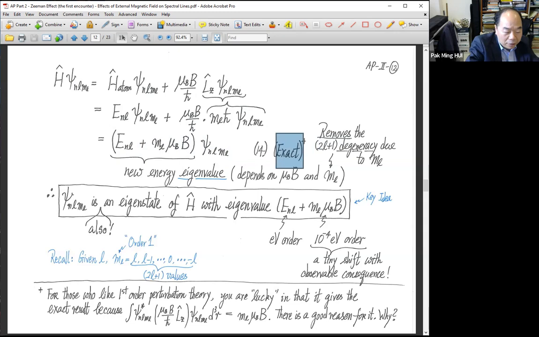Okay, I pause here. Do you understand? Because we are done. We are done with the treatment of the Zeeman effect due to orbital motion only. The rest is to explain the consequence, the physical effect.